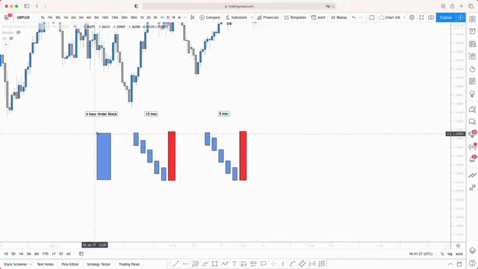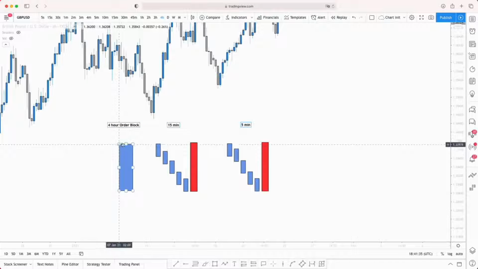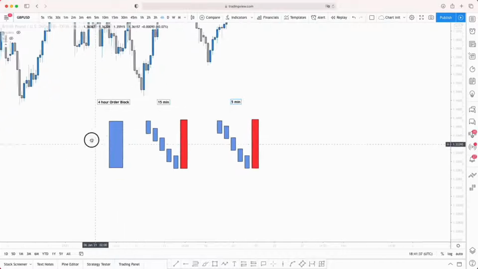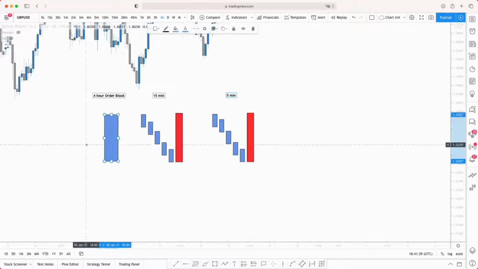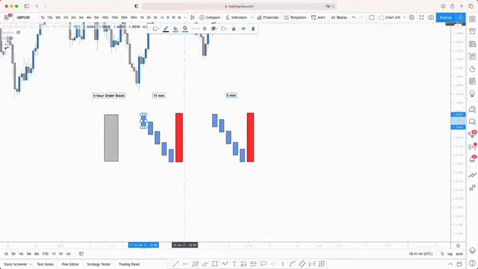So if we think about it, for an order block, for example, for a bullish move, we're going to be looking for the last bearish candle before the bullish move happens. Right now, my blue candles are the bearish candles in this situation. I'm probably confusing you. Let me make them grey so it matches my pictures.